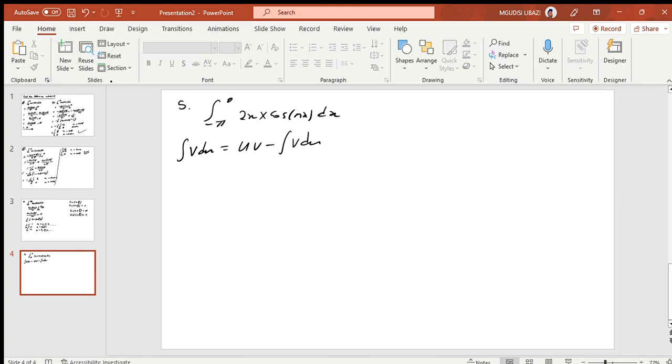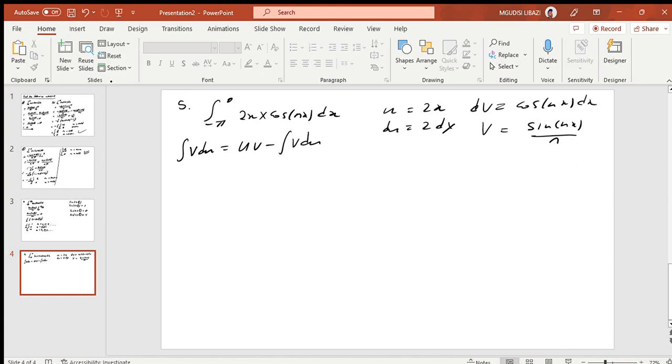So now you can let our u be equal to 2x and then our dv be equal to cosine of nx dx. So now our du will be equal to 2 dx. Integrating that, we get our v, which is going to be sine of nx over n, divided by the derivative of the inner function.